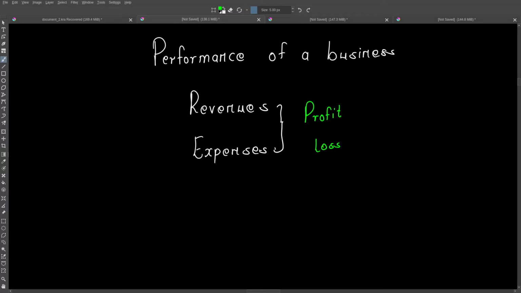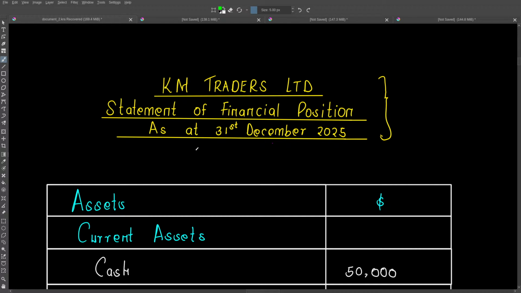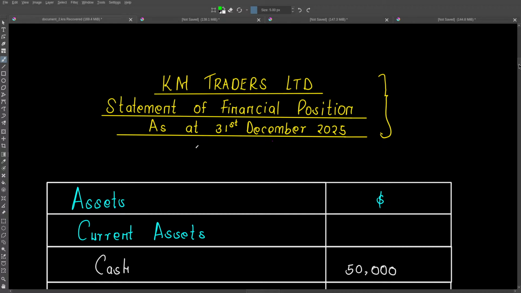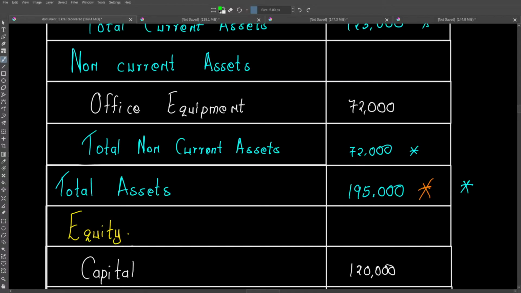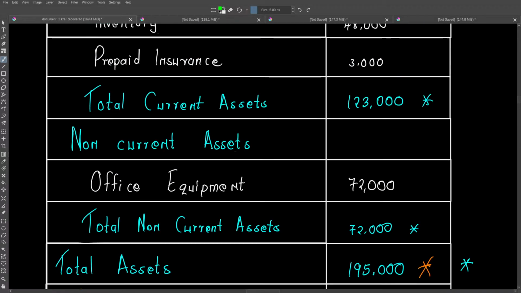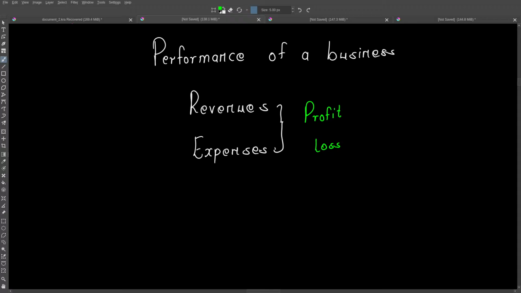Remember yesterday we looked at the statement of financial position. The statement of financial position shows the financial position, but the statement of profit or loss shows the performance of a business. So when you look at a public trading company's financial statements, in the statement of profit or loss you're going to see the revenues that they have made during that period.